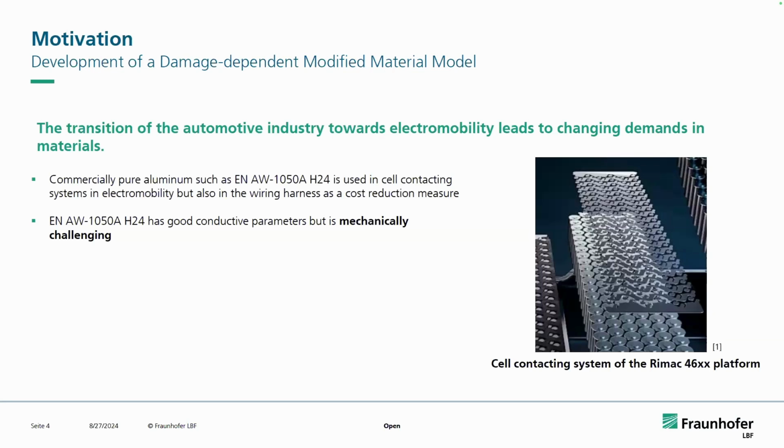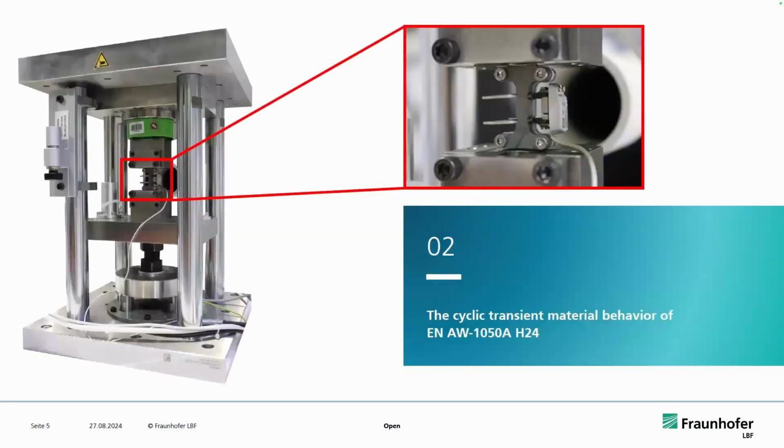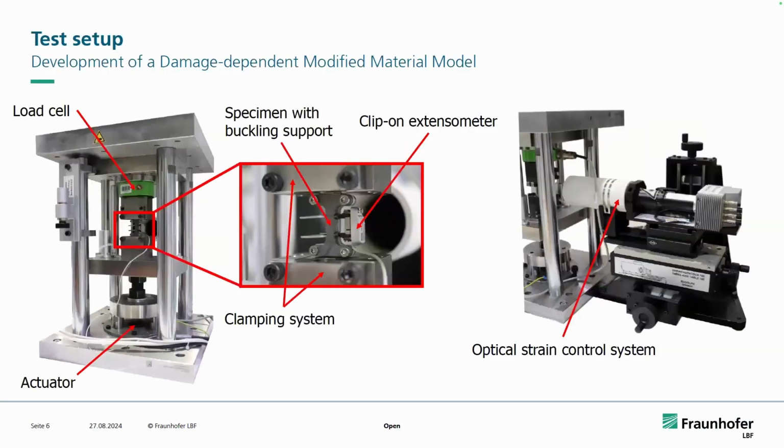An example you can see here in the picture. And for example, it is also used in wiring harnesses. The reason for that is that it has very good conductive parameters, but it is mechanically very challenging, which I'll talk about now. So, exactly, the cyclic transient material behavior.